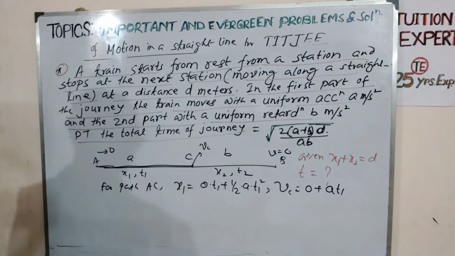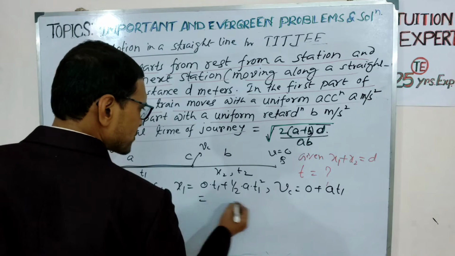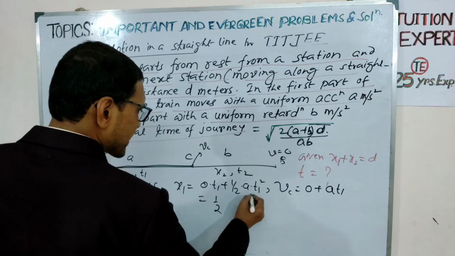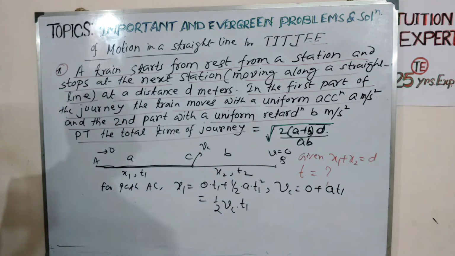So we can write these two equations. Now in terms of vc, half a t1 is vc, into t1, we get this.